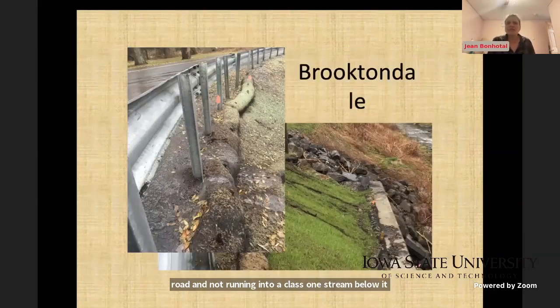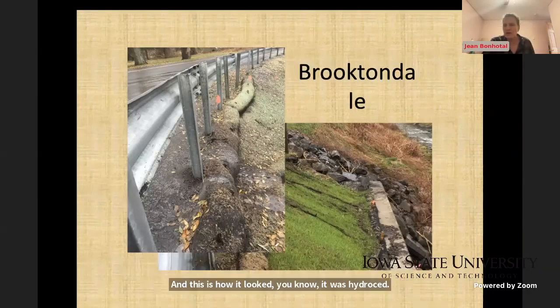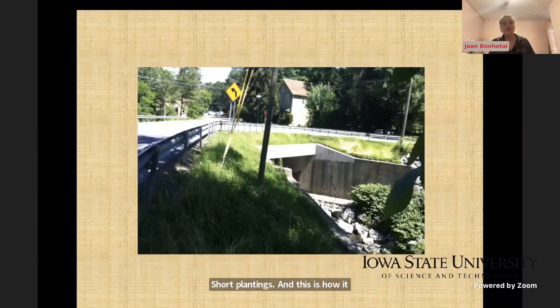And this is how it looked. It was hydroseeded, and then we started growing grass in there and other short plantings. And this is how it looked by the next summer. So it did really well, is holding things. Timing was poor, but again, it still worked.